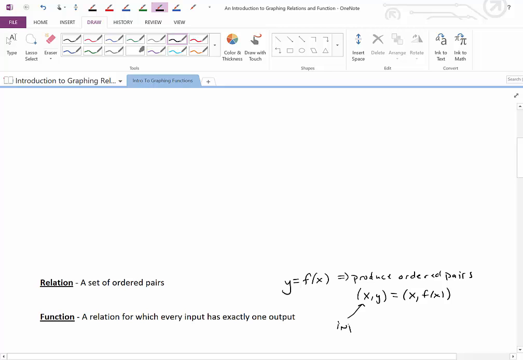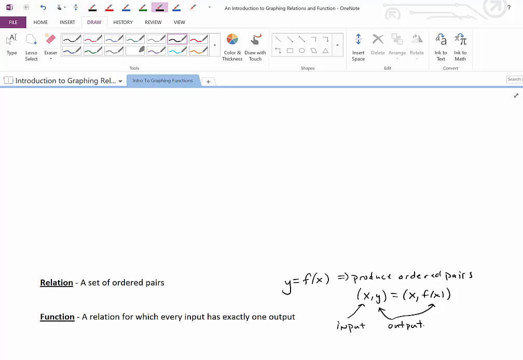The x is our input, and our y, also known as f of x here, that's our output. So for a function, we need a collection of these ordered pairs such that every input has exactly one output.